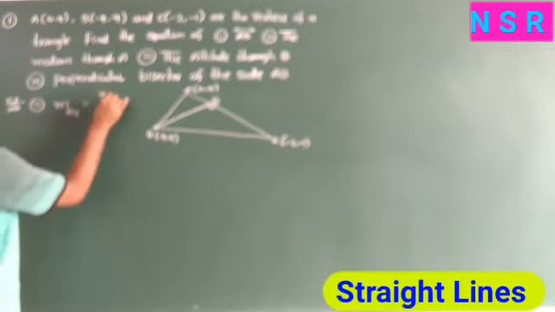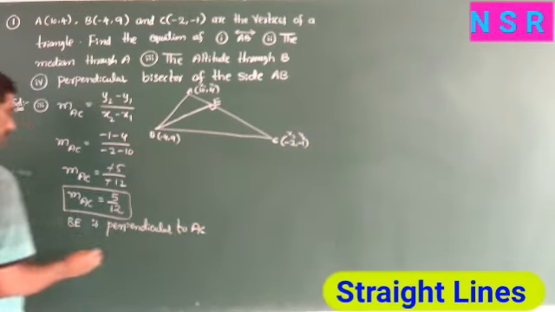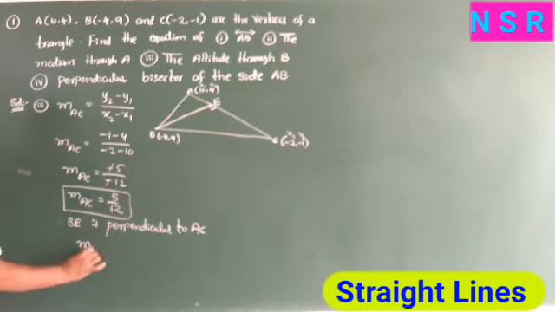So minus minus get cancelled, slope of AC is equal to 5 by 12. So here BE is perpendicular to AC. Now slope of BE.